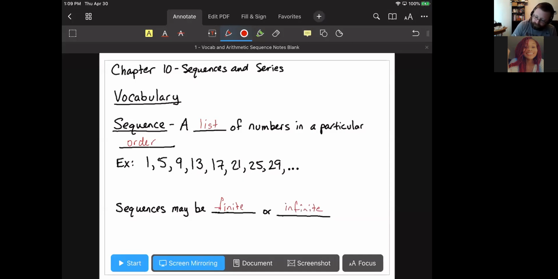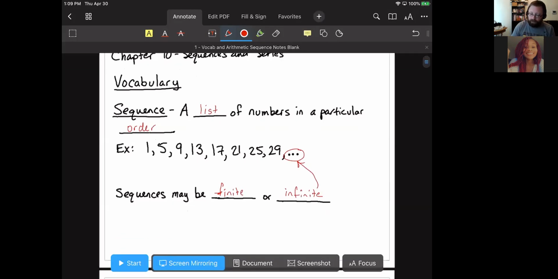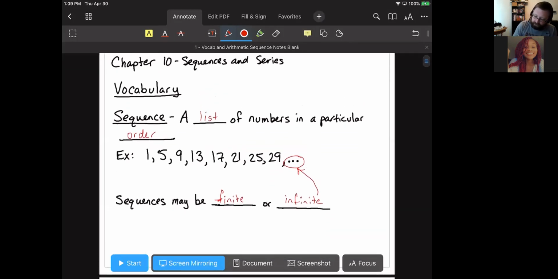Those words being opposite, finite meaning limited, infinite meaning unlimited. In other words, we're referring to the length. This particular sequence is infinite, noted by the 3 dots indicating that that list of numbers continues, okay? We could just as easily have a finite list, something along the lines of 3, 5, 7, 9, 11, 13.